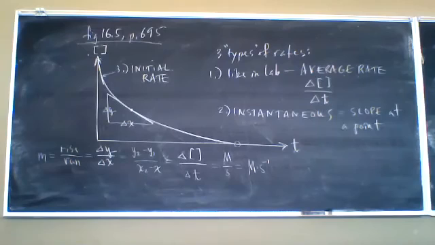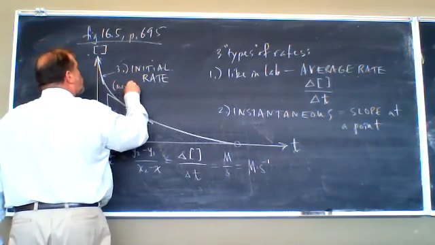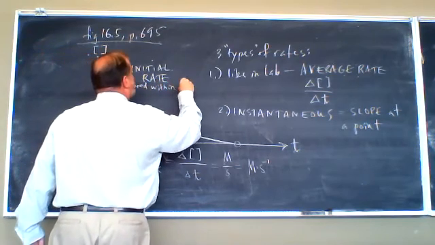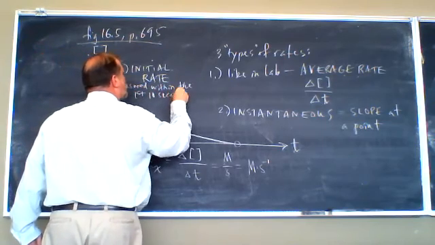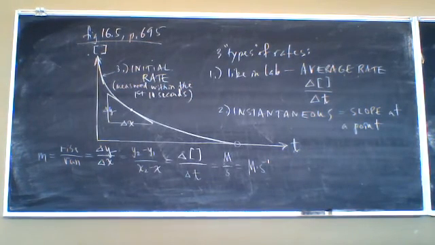We call it the initial rate. The initial rate has to be measured within the first 10 seconds that the reaction itself starts. And it turns out that that initial rate is going to be the most important one that we have to work with.